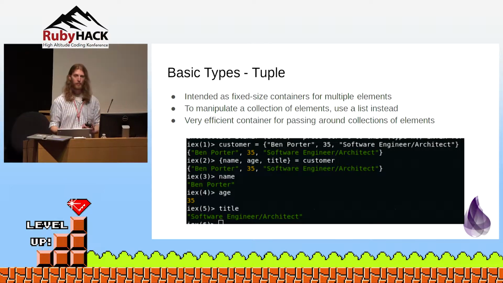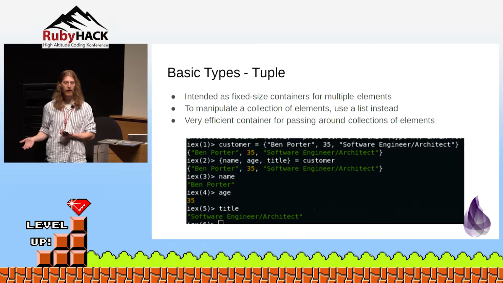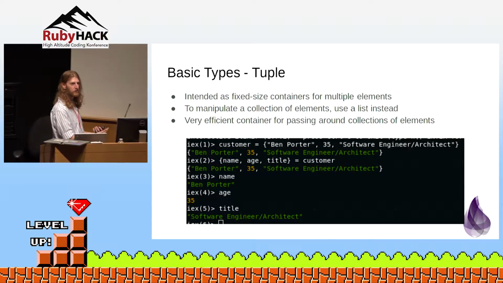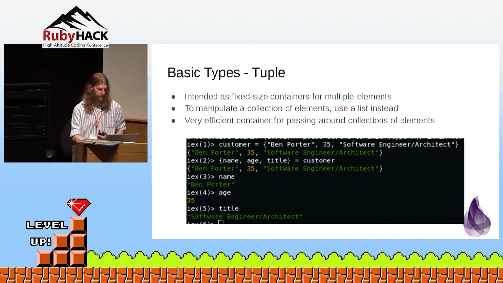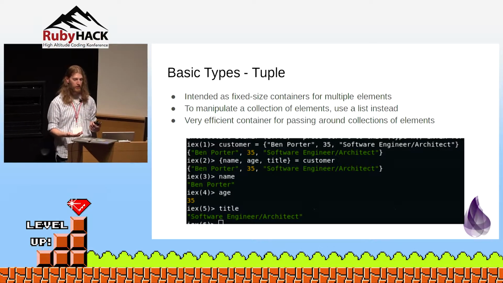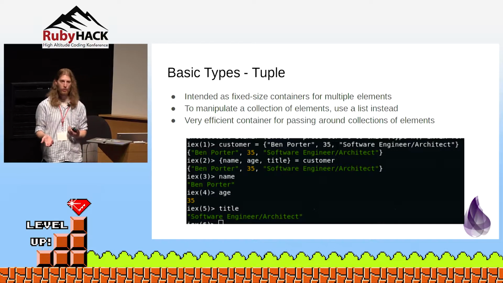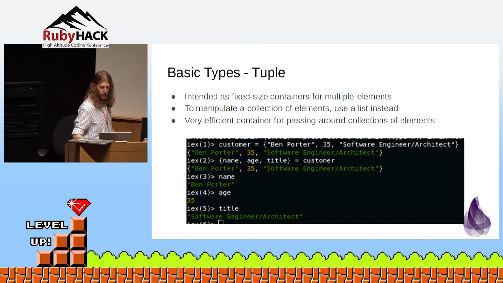But they're mostly used with pattern matching as a way to return multiple values. Because again, we're not allowed to make side effects. So you're going to find a lot of functions will return multiple values because there's no object to stuff those things into. These are super efficient, which is why they're used so widely. But again, if you're going to need to enumerate this, or if you're nesting it pretty much at all, do not use a tuple, because you will hate your life.